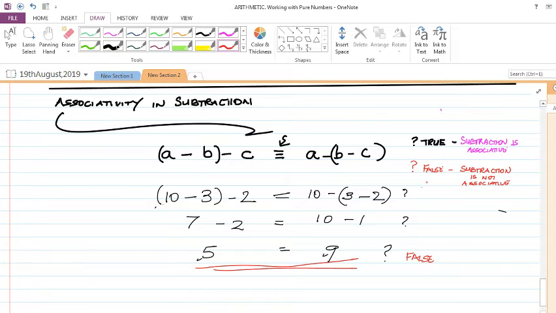And if it's false, once you get one example that doesn't satisfy, A take away B take away C is equal to A minus B in brackets minus C, once you can get a single example where it doesn't work out, we know that we cannot say that subtraction is associative as a given. So here we can see that subtraction is not associative.